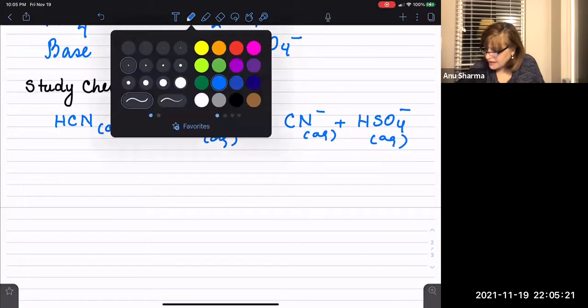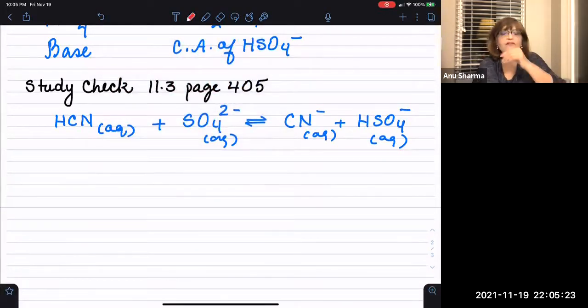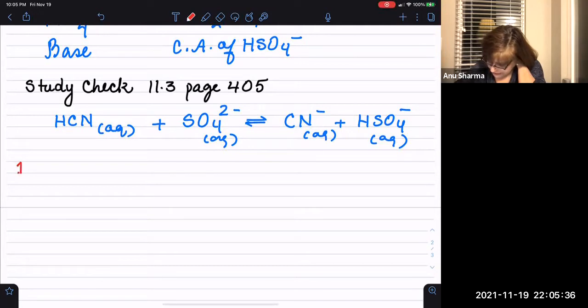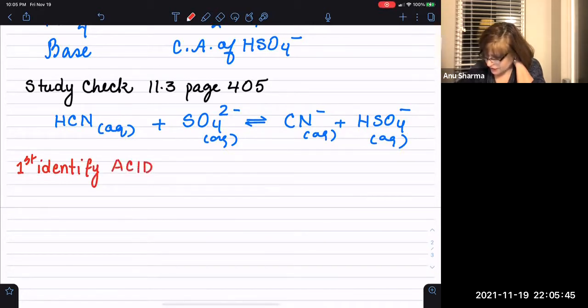So remember that every base will have a conjugate acid and every acid will have a conjugate base. Now pay attention to this: first always identify the acid, because then the other one would be a base.